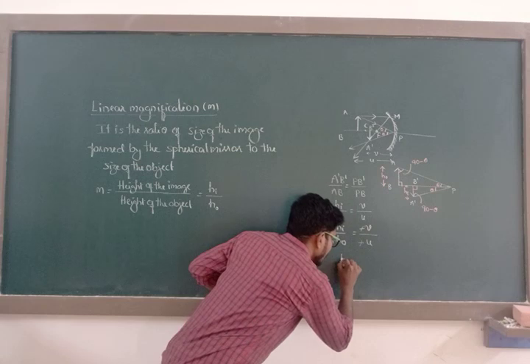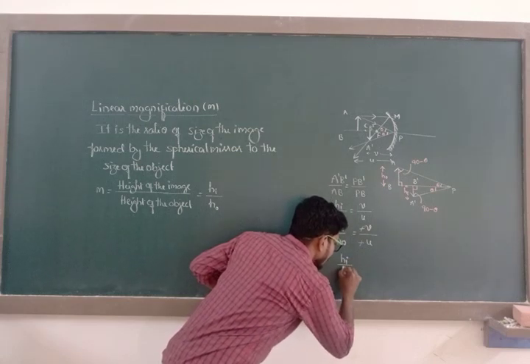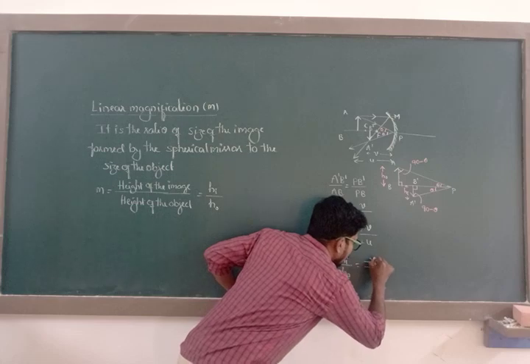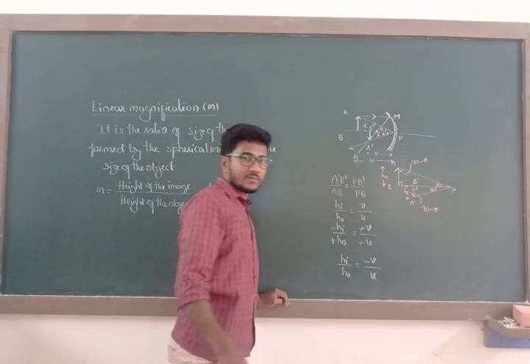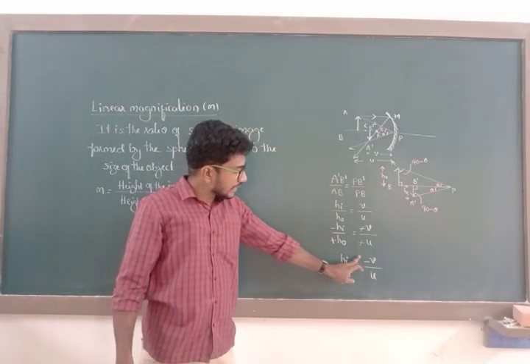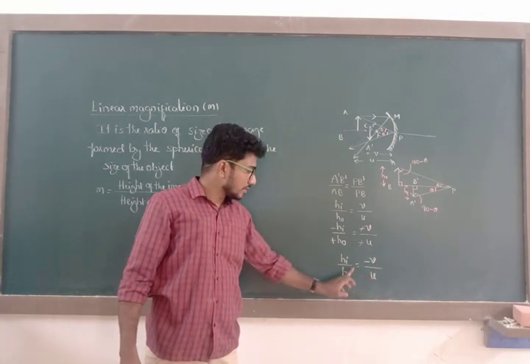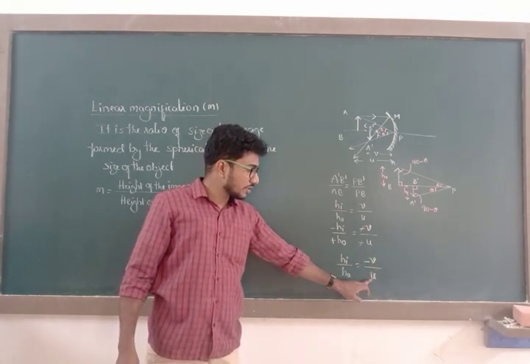Then height of the image divided by height of the object is equal to minus V divided by U. Sorry, this is equal to minus V divided by U.